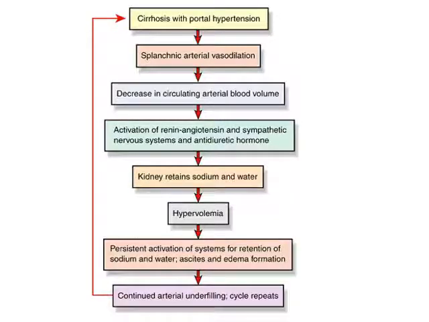So here's the pathophysiology. This is in your textbook on page 1294, and it starts at the top and looks at cirrhosis and portal hypertension. Splanchnic just refers to the arterial blood supply to any of the large interior organs, especially abdominal organs.